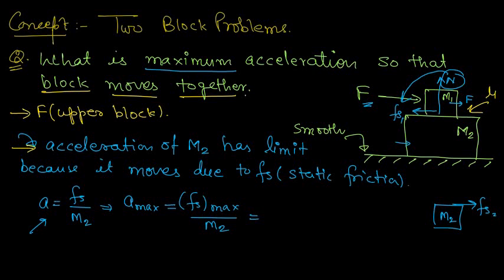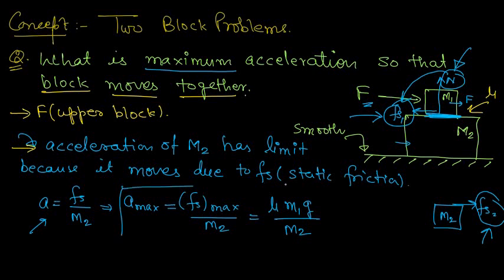These two forces are equal. So the maximum value of this is equal to mu times the maximum value of N. For this contact, the normal force is m1g. So this is mu m1g by m2. So the maximum acceleration is mu m1g by m2.